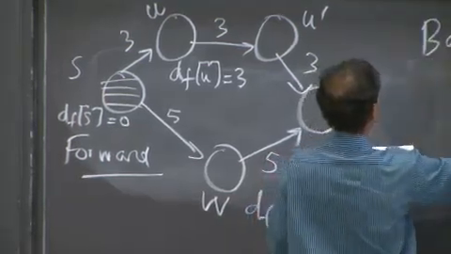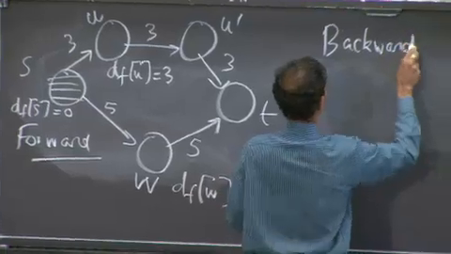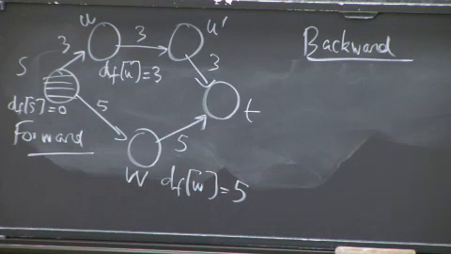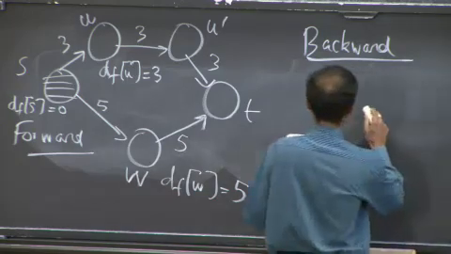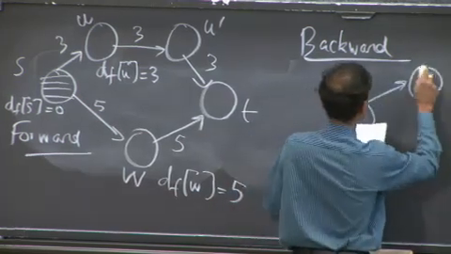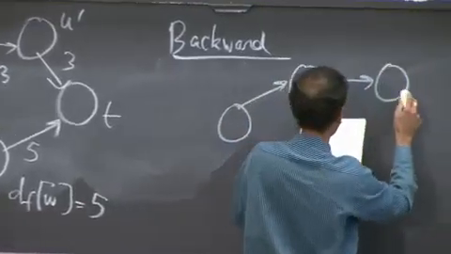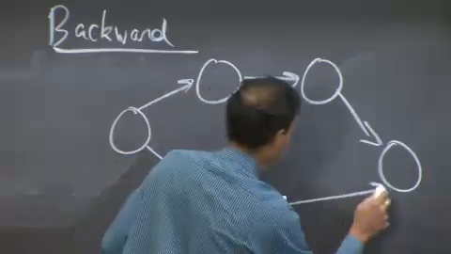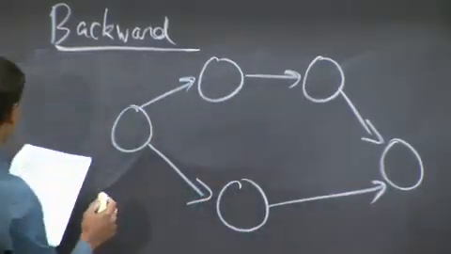Now, let's do the first step of the backward search. Remember, we alternate: forward search, backward search, forward search, backward search. I'm just going to write this out again, so bear with me, because I think it'll be clear if you see this graph many times, as opposed to my erasing what I've written.